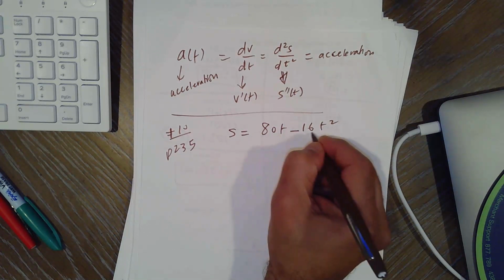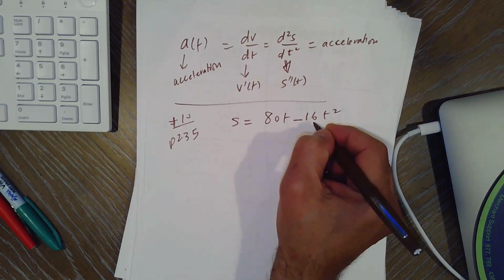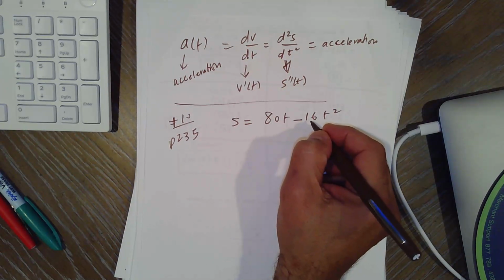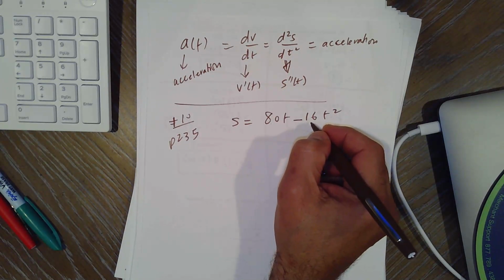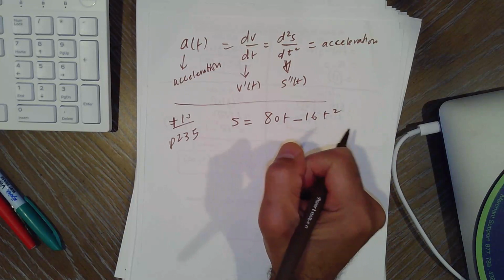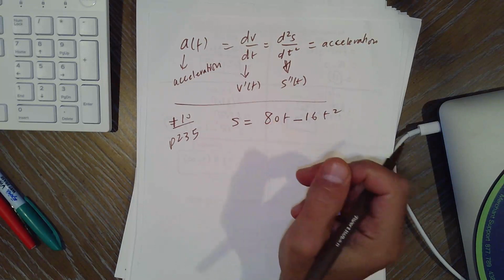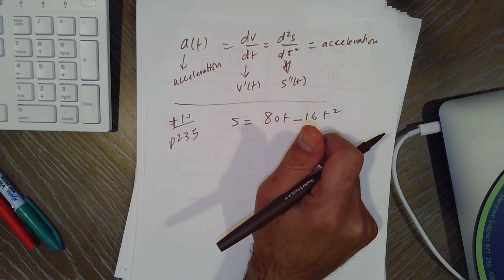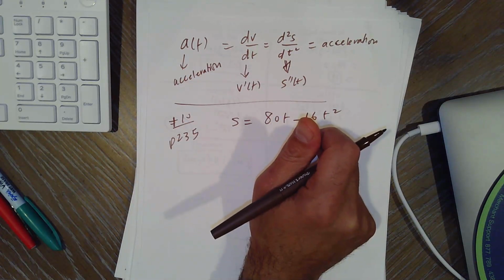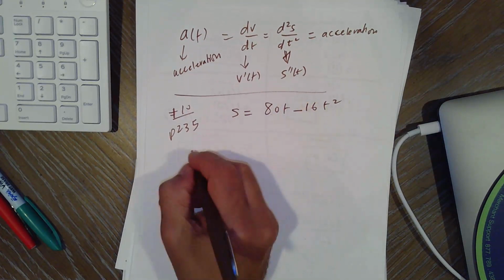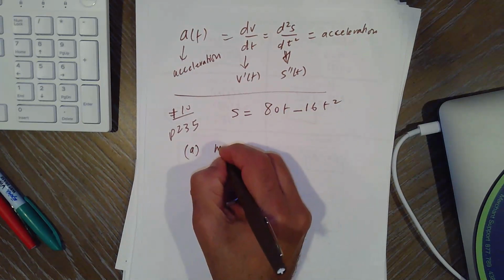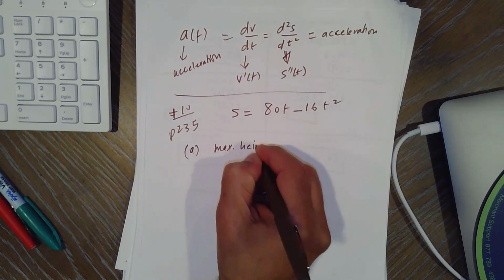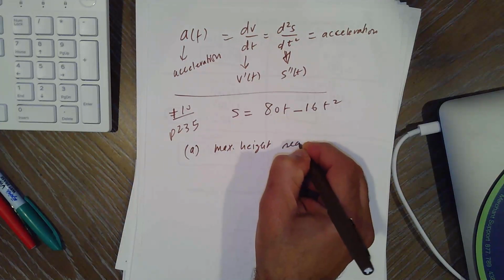This is the initial velocity, this is half the gravity. Gravity is negative 32 feet per second squared. It's negative because gravity pulls downward. What is the maximum height reached by the ball?